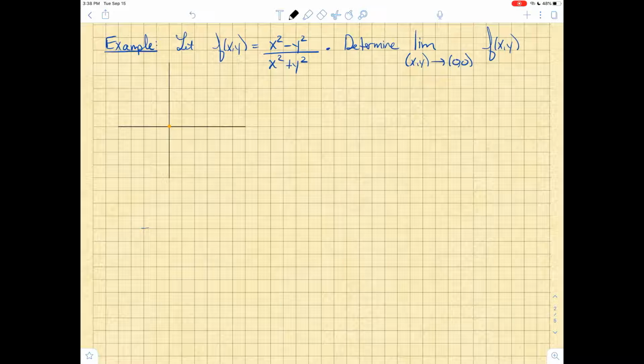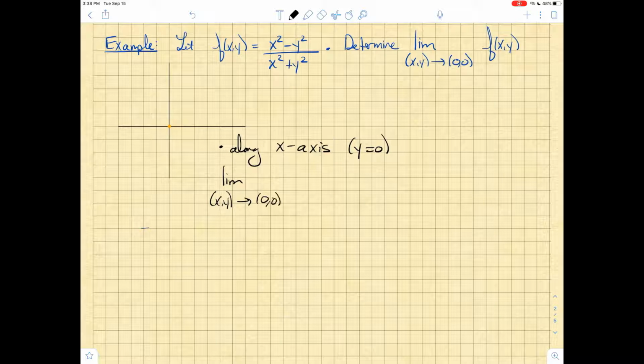So let's just make some points here, and let's go along the x-axis. Now, if you're on the x-axis, tell me about y. You know y is 0. So along the x-axis, the limit as (x, y) goes to (0, 0) of f(x, y) becomes the limit as, well, y is 0, so now it's just x going to 0.